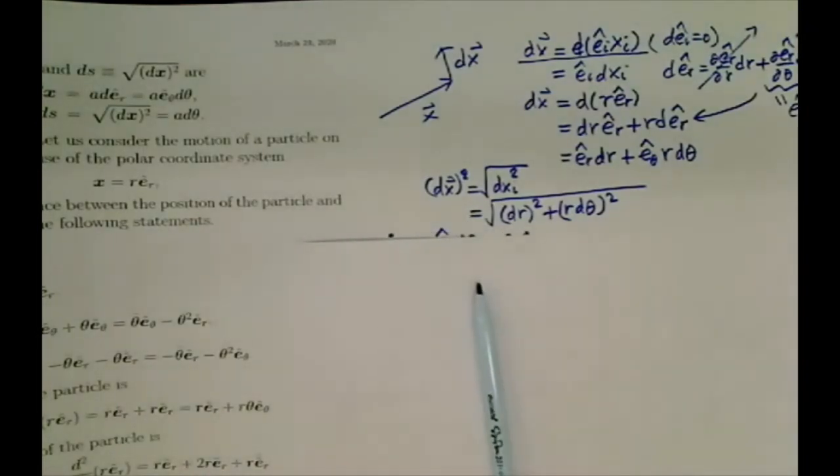In the Cartesian coordinate system, that is just dx1 squared plus dx2 squared. In the polar coordinate system, we notice that the direction of er and the direction of theta make a right angle. So cosine theta equals 0 for the angle between er hat and e theta hat.